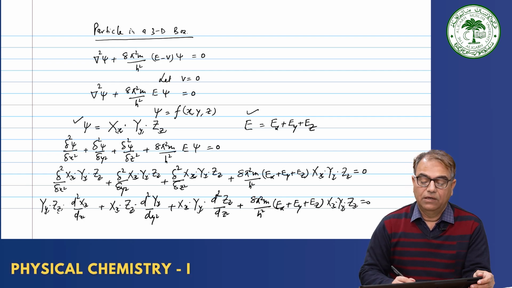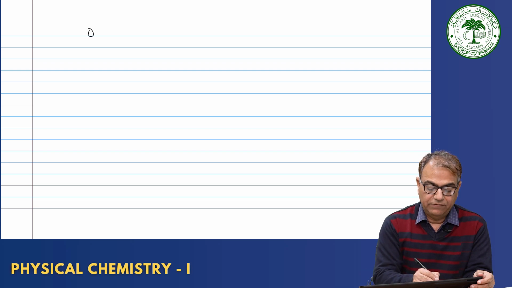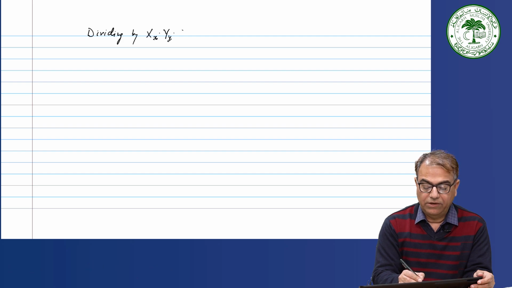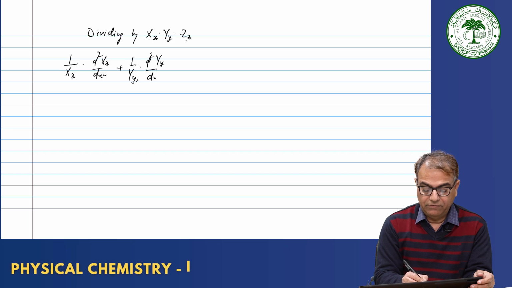This I can write. Now divide each term of this equation by X, Y and Z. Dividing by X, Y and Z, you will see that your first term reduces to 1 over X, d square X by dx square, because Y and Z will cancel. The second term will be 1 over Y, d square Y by dy square.